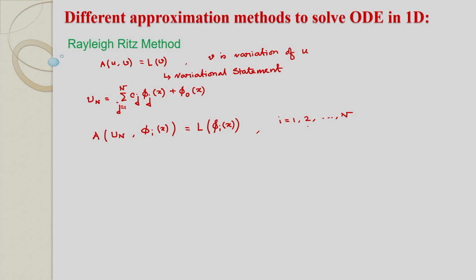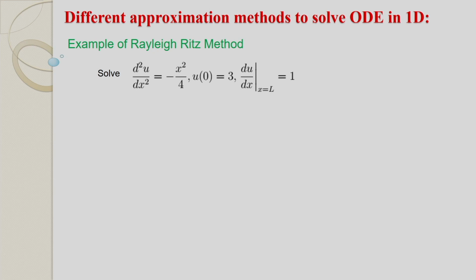So, for different I we have different equations. So, there are total capital N number of equations which we will solve to get the constants C1 to Cn.